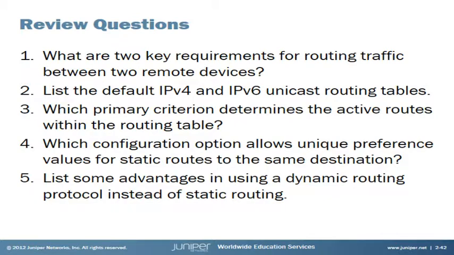Well, the first one was we needed an actual connection, right? A piece of cable or a wireless connection of some kind. That was the first thing. And the second thing that we need is we need routing information in the layer 3 devices along the way.